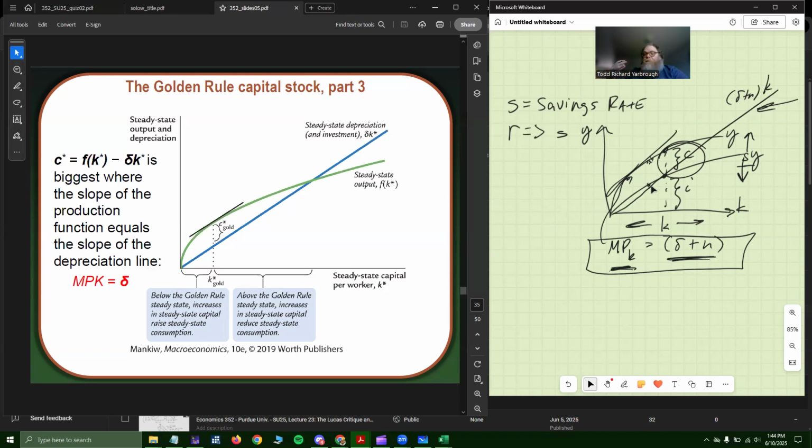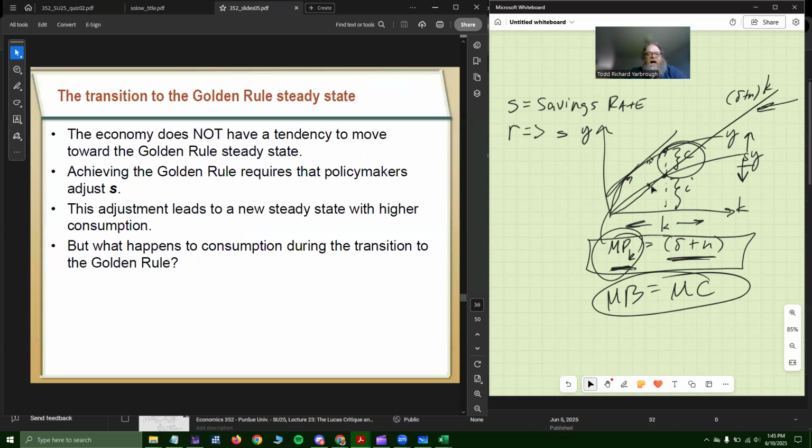So it should make a lot of sense in just basic economic reasoning that the extent to which capital being added to your production function is leading to output per worker, in optimality, that is going to be the extent to which capital is being used up, right? So marginal benefit equaling marginal cost. It's the classic equimarginal principle, right? This is why we teach that basic idea and keep coming back to it. So that's the same exact idea here.